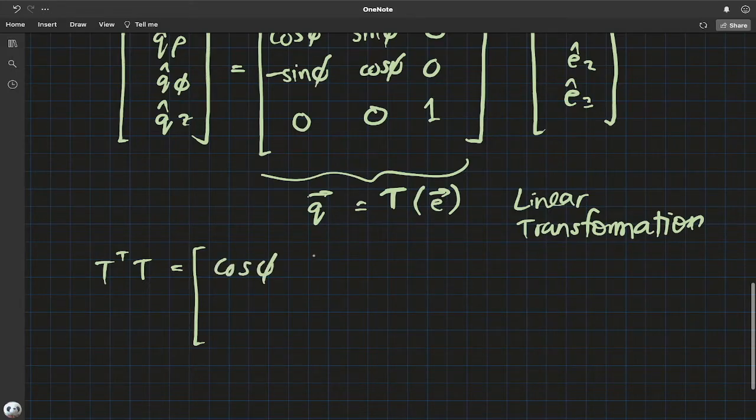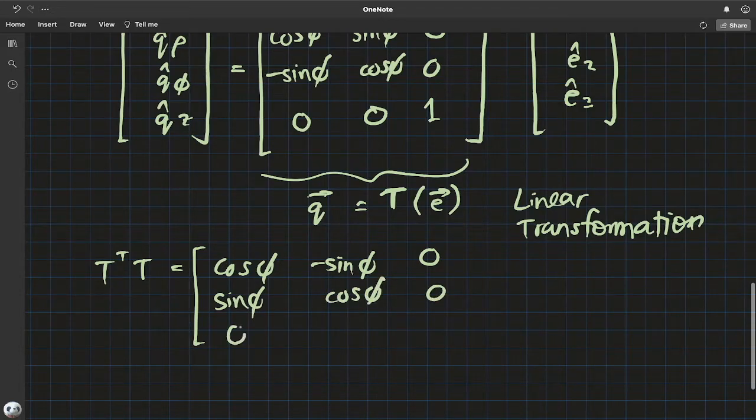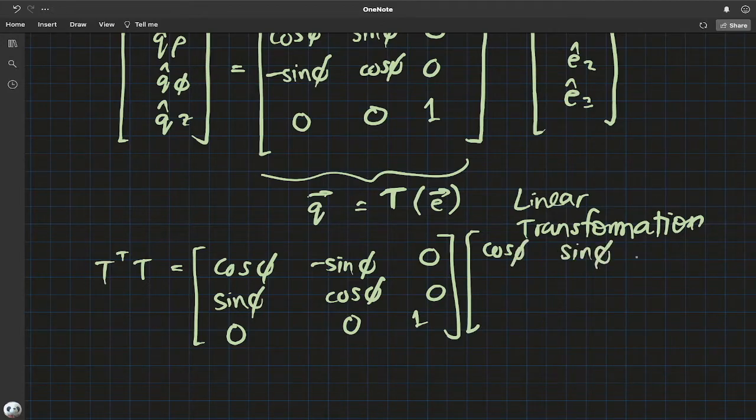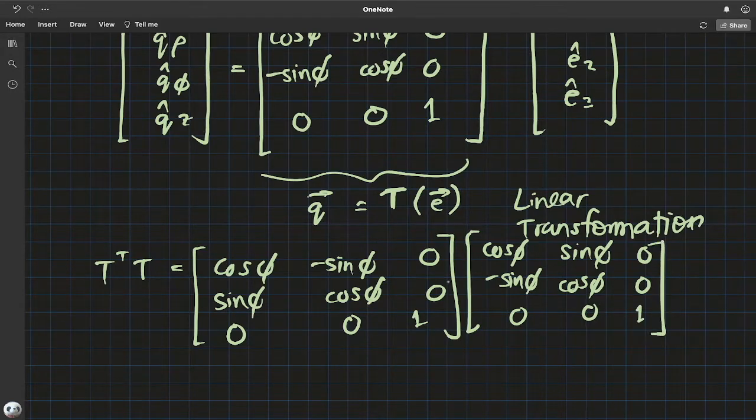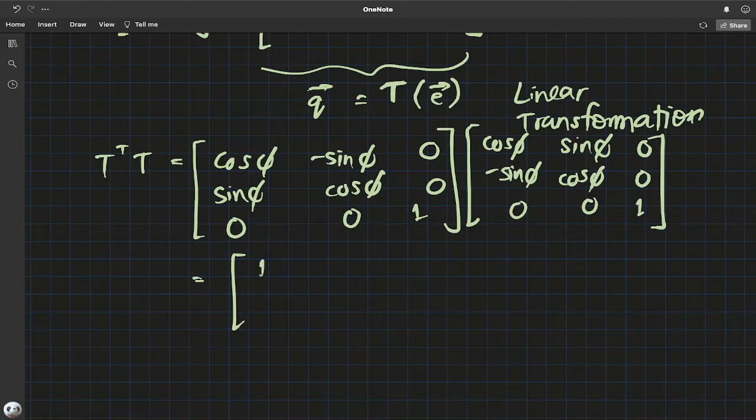Cosine phi, negative sine phi, 0, sine phi, cosine phi, 0, 0 0 1, multiplied with cosine phi, sine phi, 0, negative sine phi, cosine phi, 0, 0 0 1. If you do this multiplication meticulously, you just end up with the identity matrix, the 3 by 3 identity matrix.